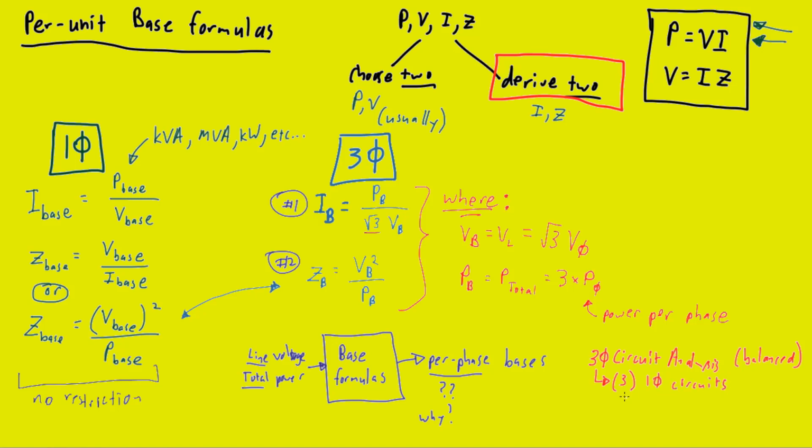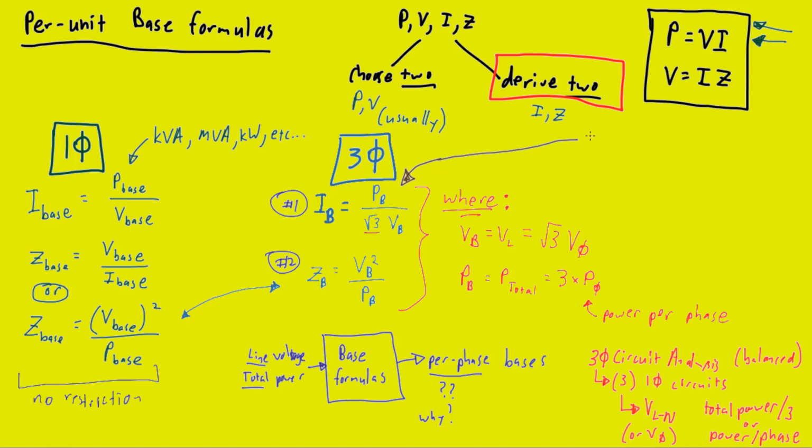So this means that 3-phase circuits are solved as 3 single-phase circuits. Now let's take a look at how this inputting of line and total values yields per phase values, and the discussion of the three-phase circuit analysis as it applies to our three-phase base formula here.